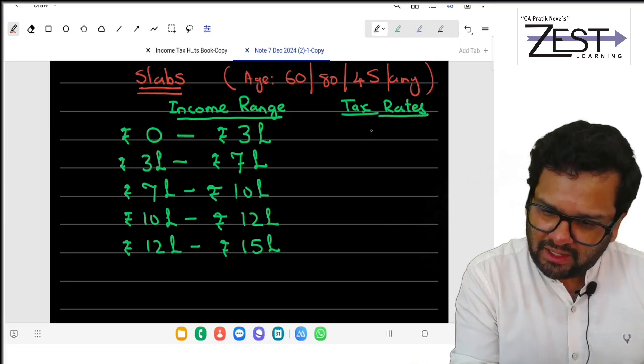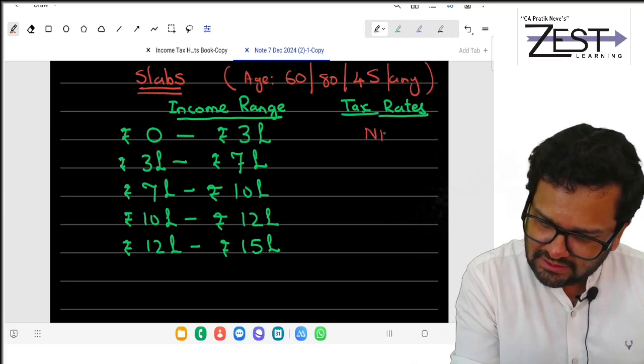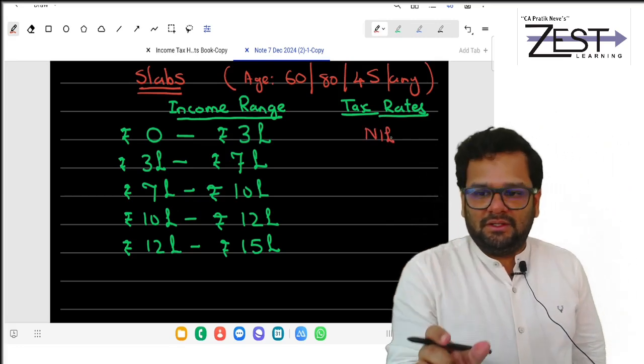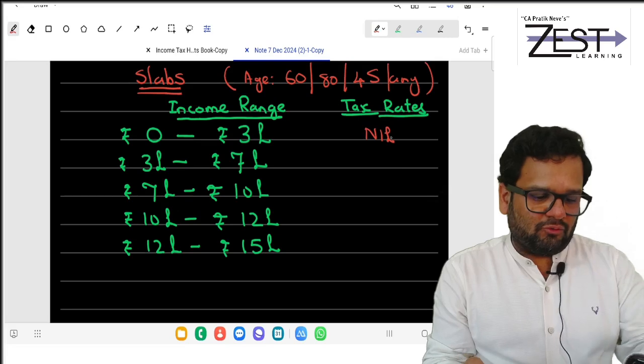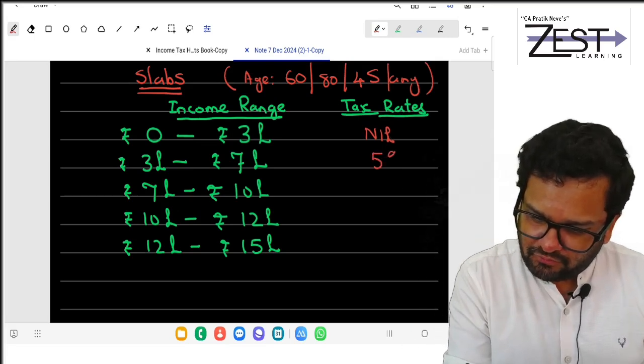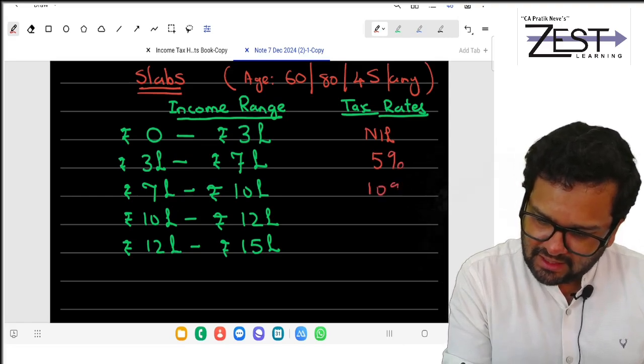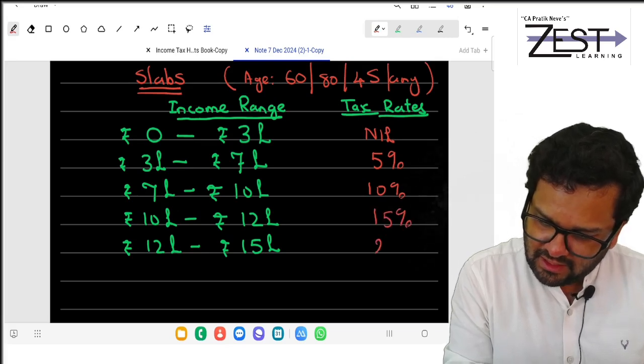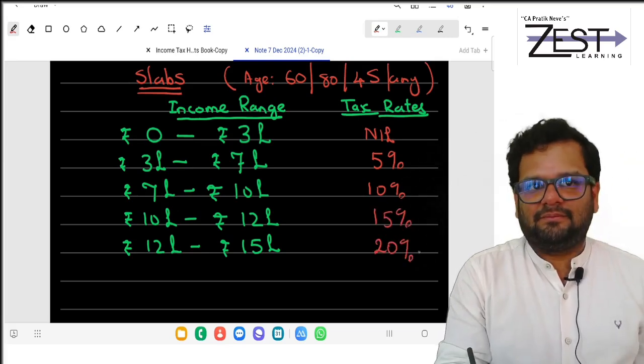So you have to pay no tax here. For income between 0 to 3 lakhs, you don't have to pay any tax. 3 lakh to 7 lakhs, 5, then 10, then 15, then 20.